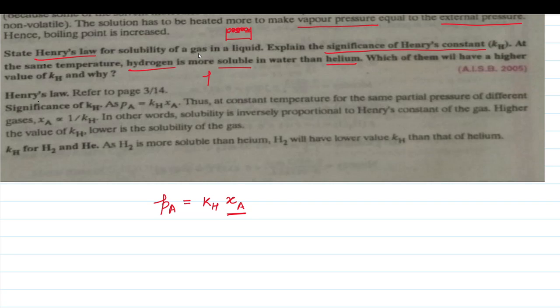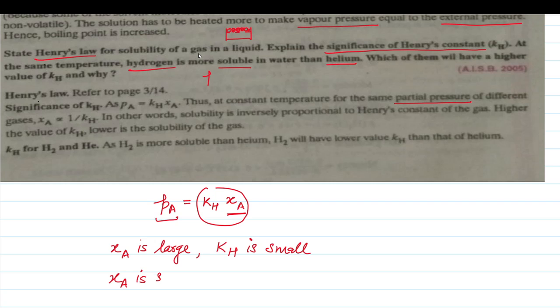as temperature is constant, for the same partial pressure, obviously the partial pressure of different gases will also be the same. When both are the same, then if xA is large, KH is small, and if xA is small, KH is large.